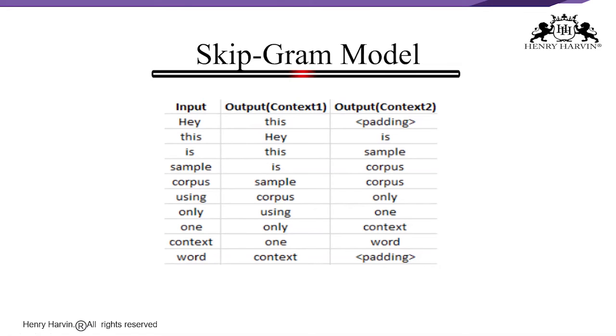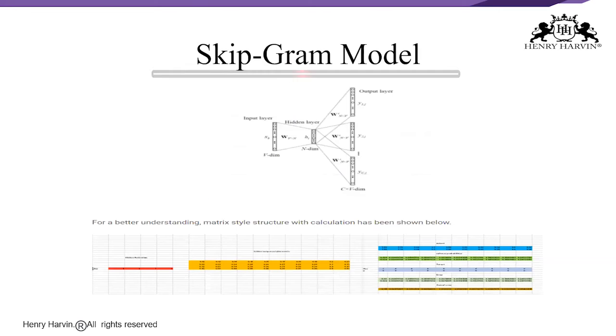It can be easily seen, right? So 2 separate errors are calculated with respect to the 2 target variables, and the 2 error vectors are summed element-wise to obtain a final vector, which is propagated back to update the weights. The weights between the input and the hidden layers are taken as the word vector representation after training.